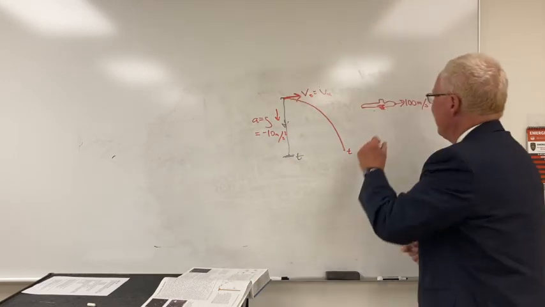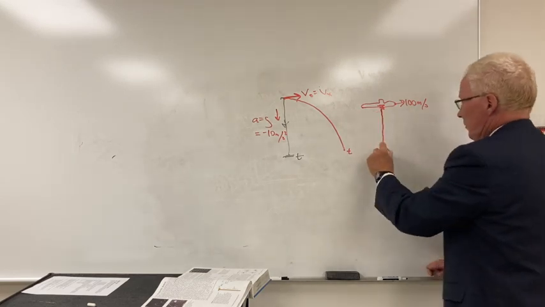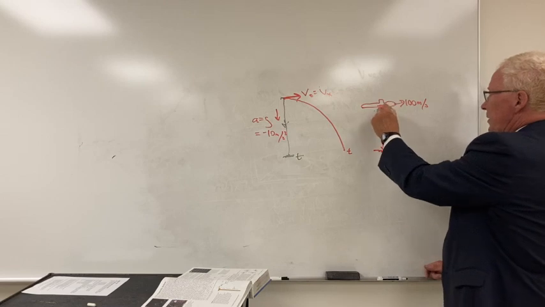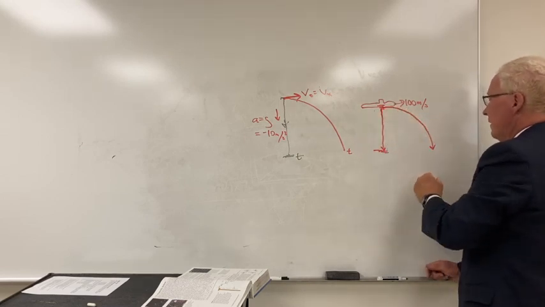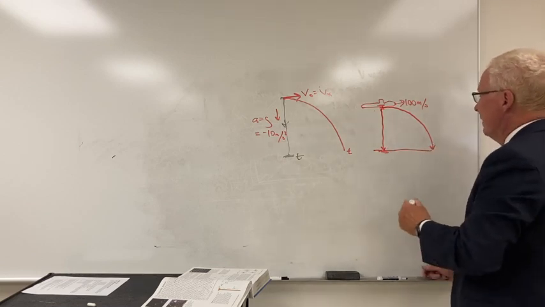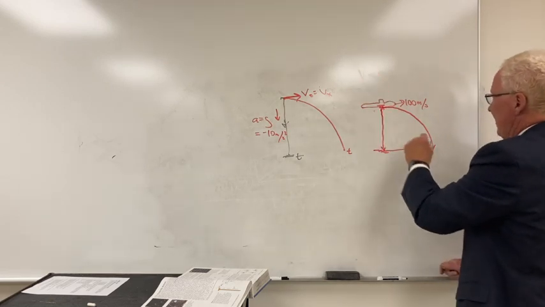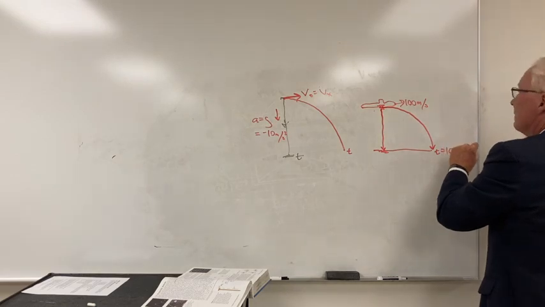So if you want to drop a bomb on a target straight down, that's not going to work, because it's going to go at the same speed. So, depending on what it is, say it takes 10 seconds for it to fall, all right?